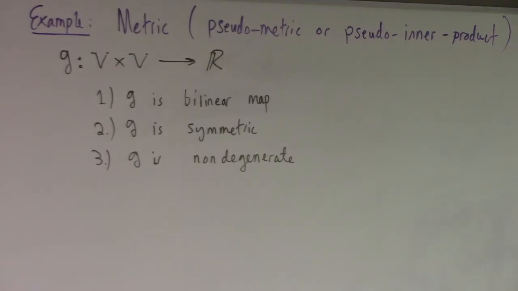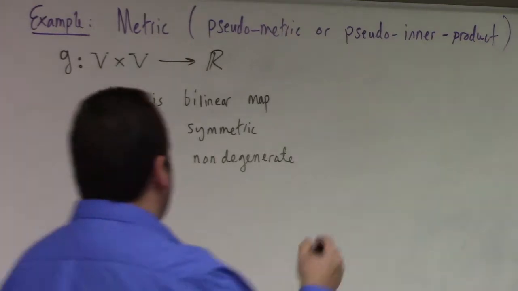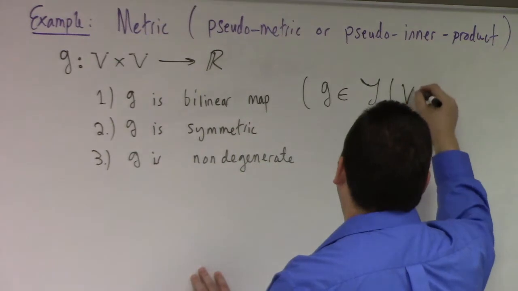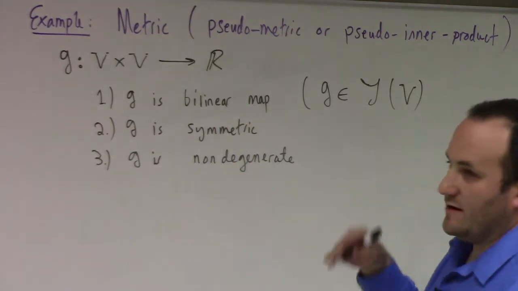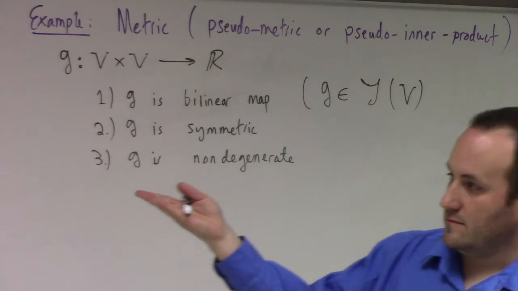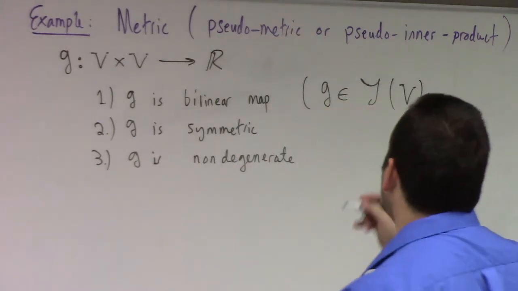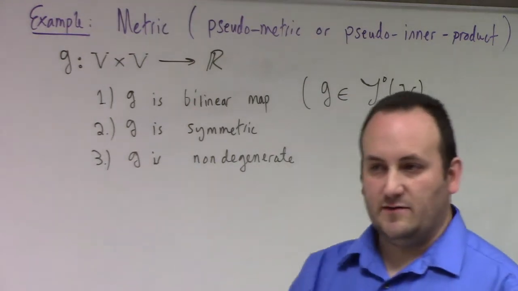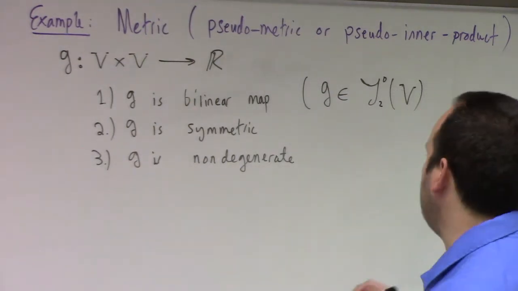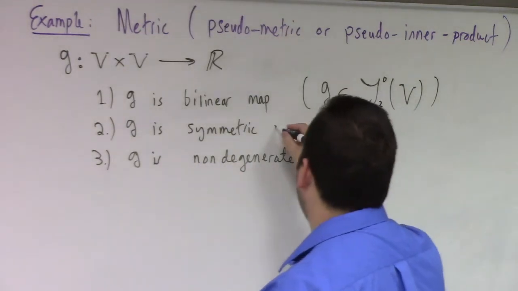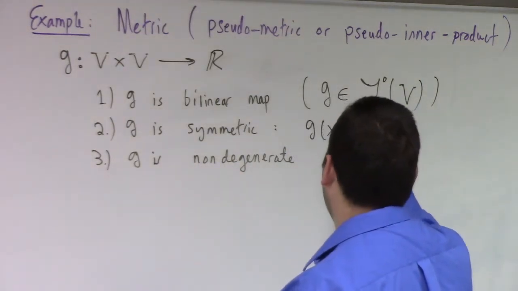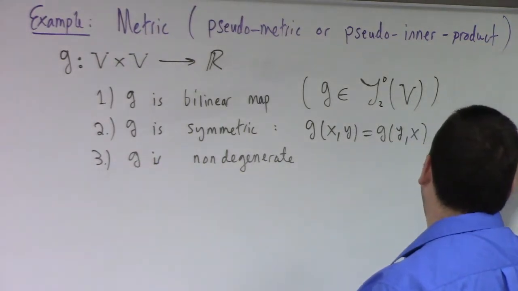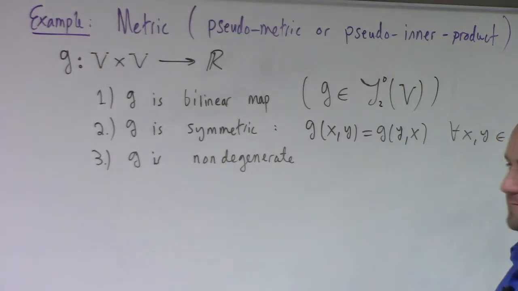Now, bilinear, we could say this in our current lingo, this just means G is an element of what? It's a type 0,2 map, right? It's a type 0,2 tensor that says it's bilinear. Now it's symmetric, that's something new. What does symmetric mean? That means G of xy is equal to G of yx for all x and y in V. That's symmetric.